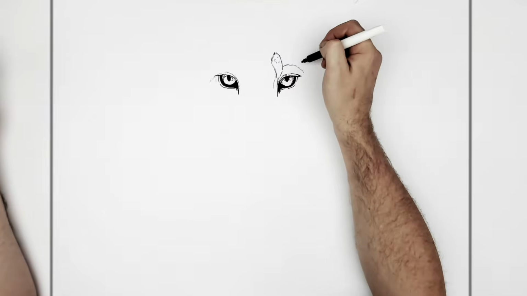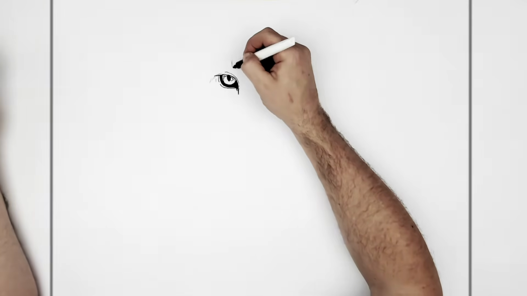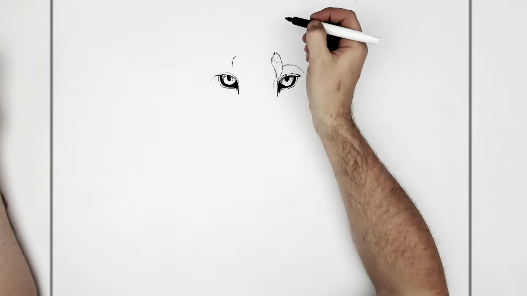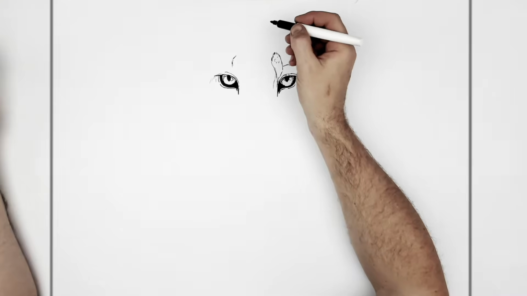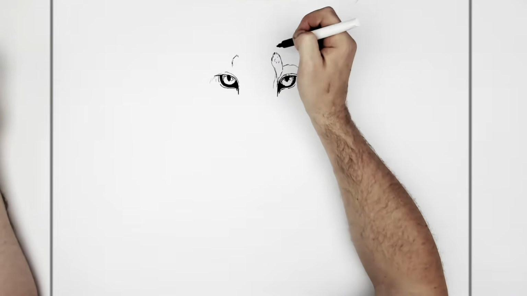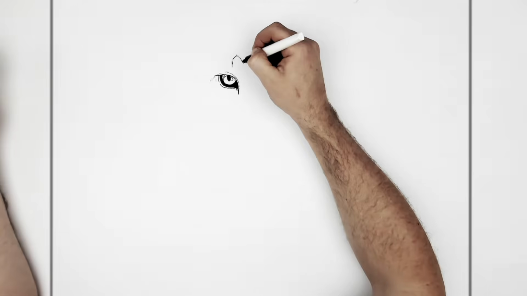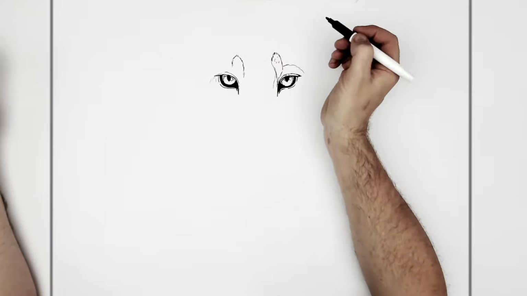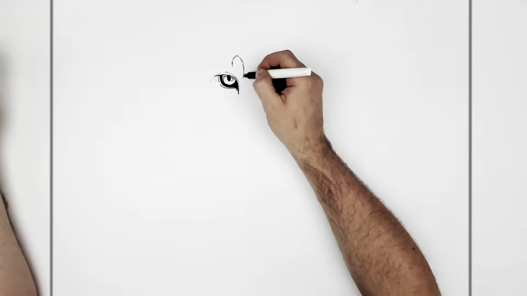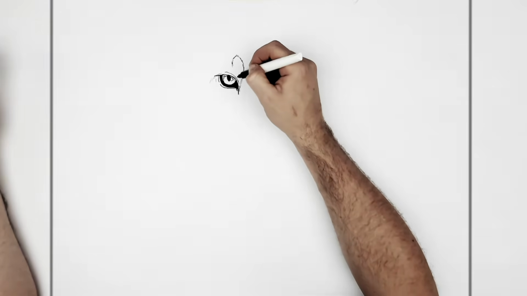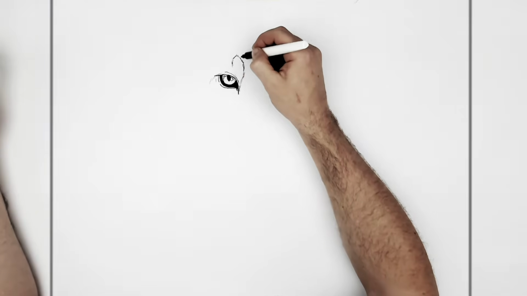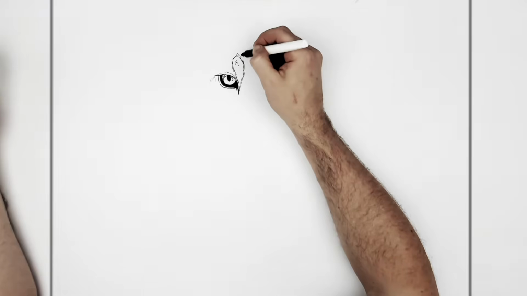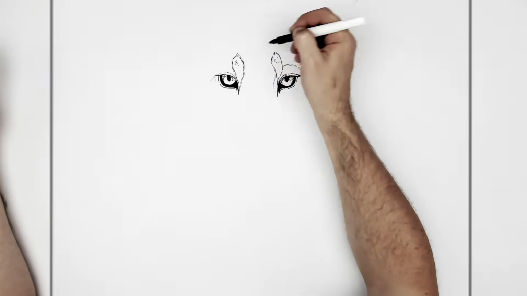Right, and we'll do the same pretty much on this side. And it kind of just goes in towards the corner of the eye, just in here. And whiskers grow out from these.